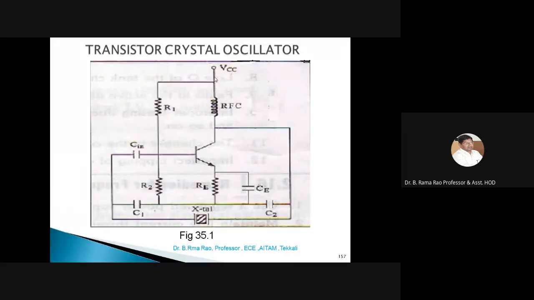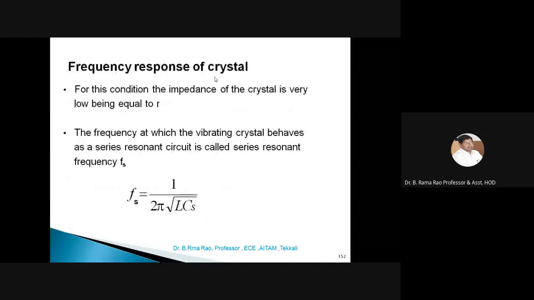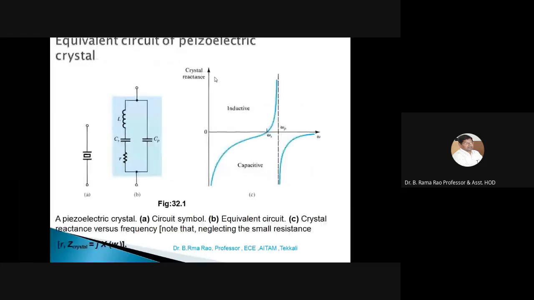Also, we have to remember the equivalent circuit, the symbolic representation of the crystal and its equivalent circuit. If you look at the figure, figure A represents the symbol of the crystal, figure B represents the equivalent circuit of the crystal, and figure C represents the crystal reactance versus frequency.